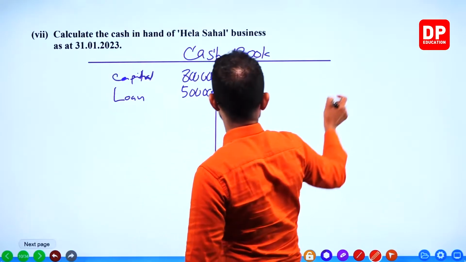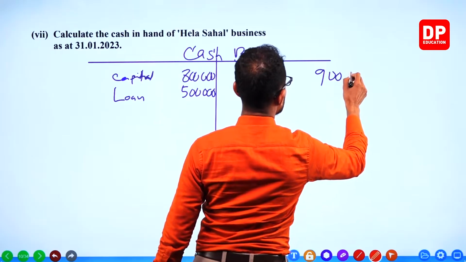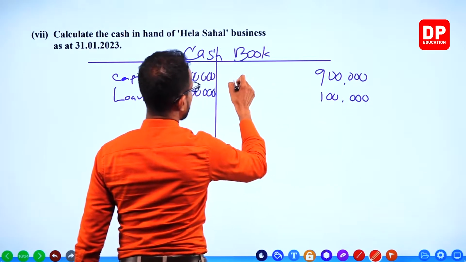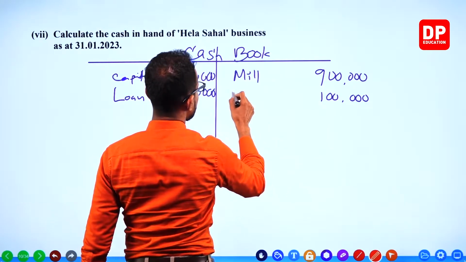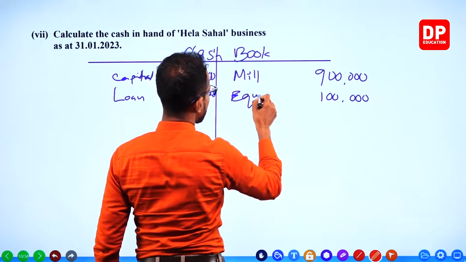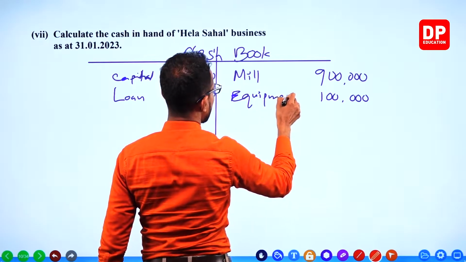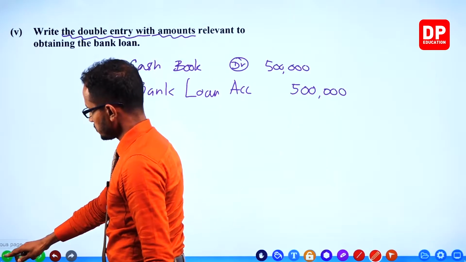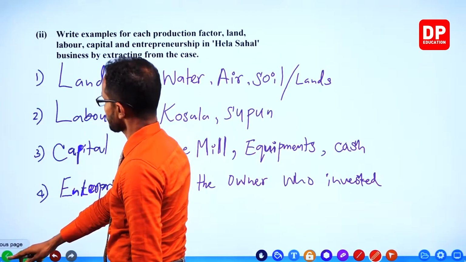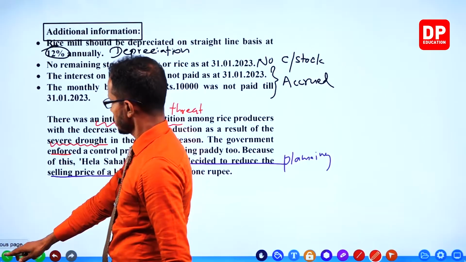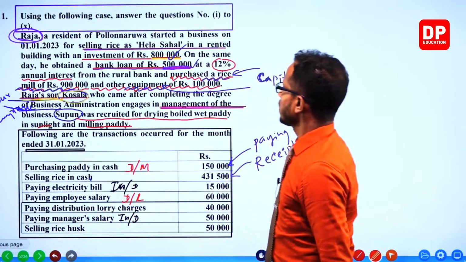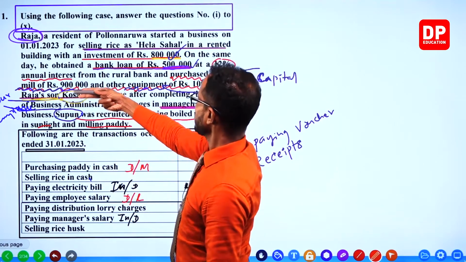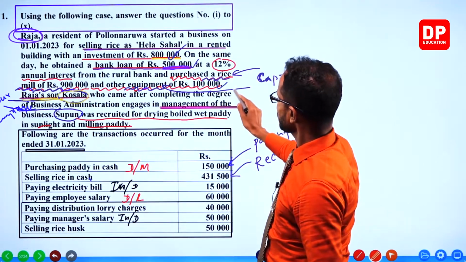This is the rice mill, and this is spent on equipment.